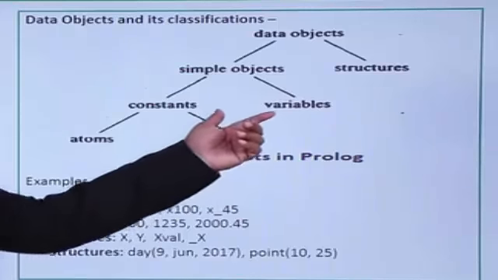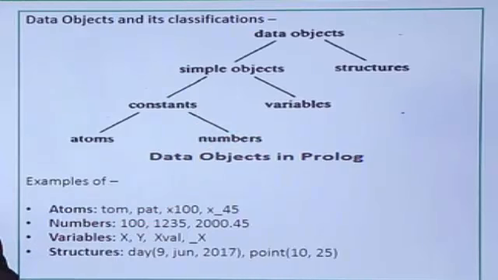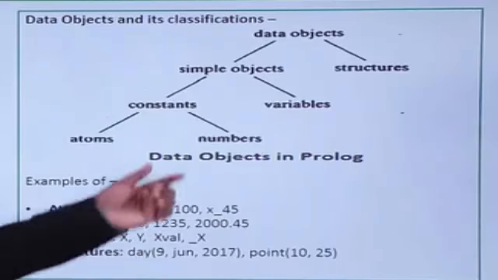In the case of variables we can have lowercase letters, capital letters, digits, and the underscore. A variable name can start with a capital letter, or a variable name can start with an underscore. All these things we discuss in the video where we discuss only variables.